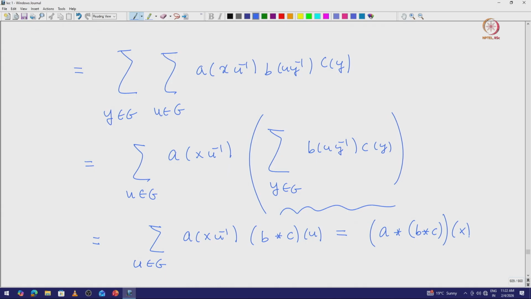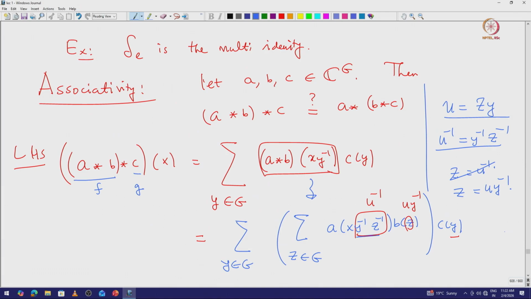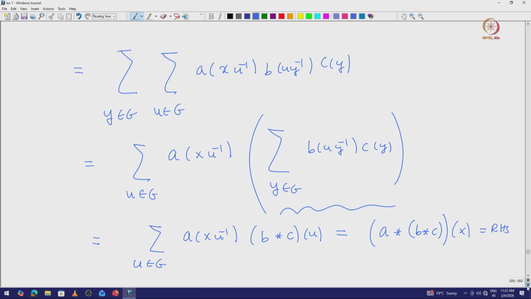Okay. So, which is the right hand side. So, we started with the left hand side, which is (A star B) star C at x, for x in G.